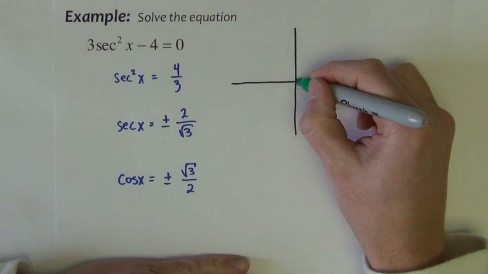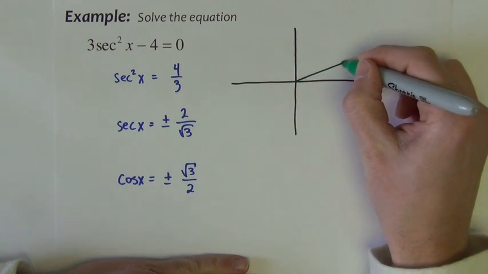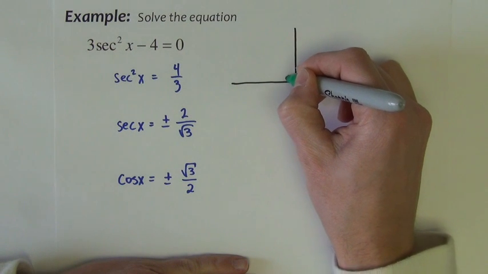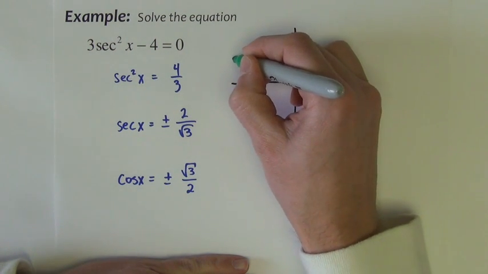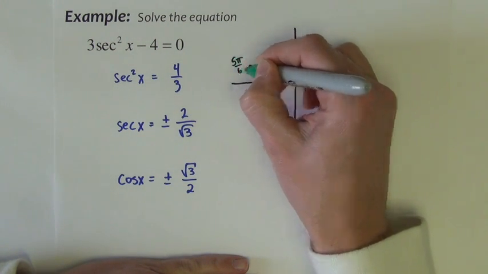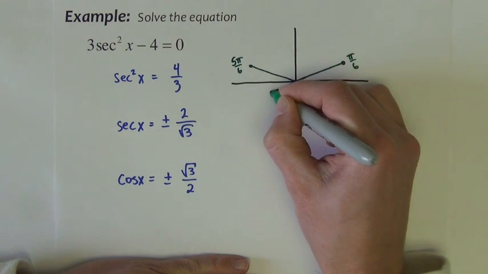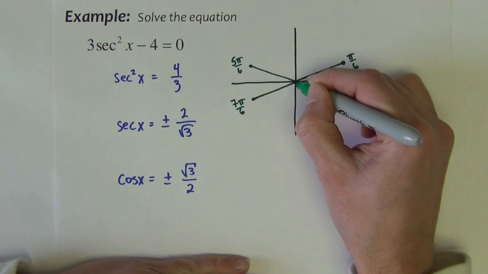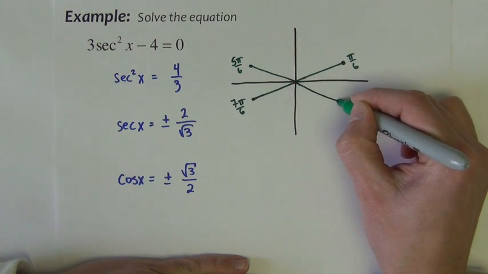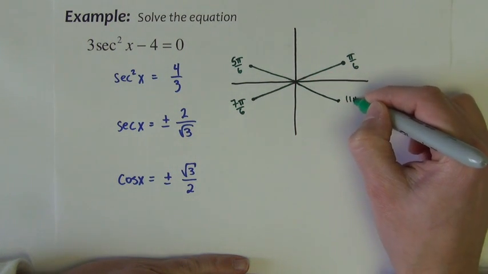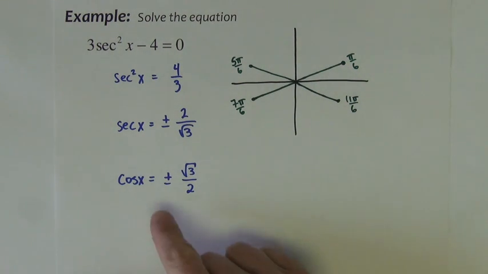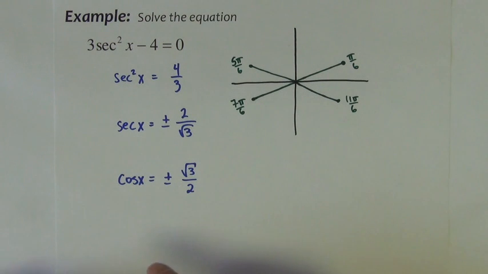The four angles are right here at pi over 6, right here at 5 pi over 6, 7 pi over 6, and 11 pi over 6. Okay, there are four solutions to this equation over the interval 0 to 2 pi.